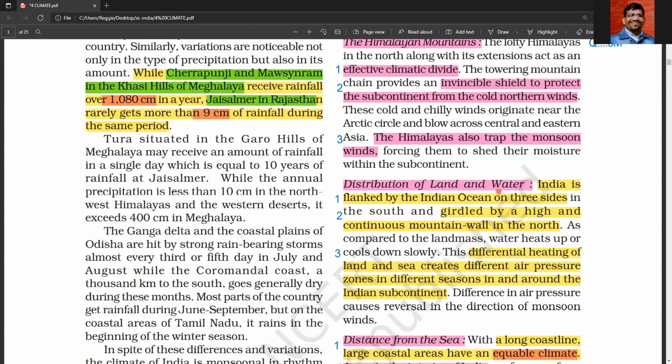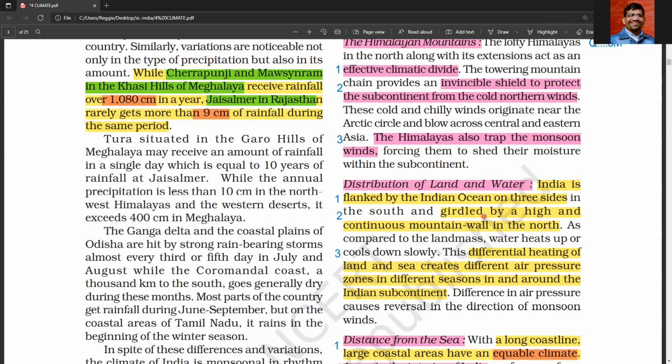Now, if you look at the distribution of land and water, you will find that there is water everywhere. You may have heard of the Indian Ocean, Bay of Bengal, Arabian Sea, all of them existing on the three sides in the south. You also have the continuous Himalayan ranges, Himadri, Himachal, Shivaliks, present in the north. So India is a subcontinent, which may contain other countries also.